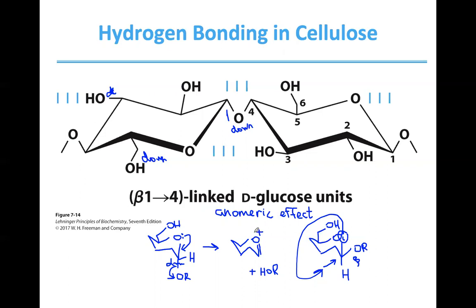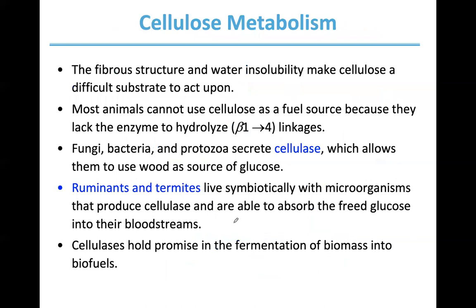Now, cellulose was chosen by nature because of its beta linkage and because of the strength of the glycosidic bond, because it's not subject to the anomeric effect. So this is unstable. Stable. Okay, questions? So remember the anomeric effect.